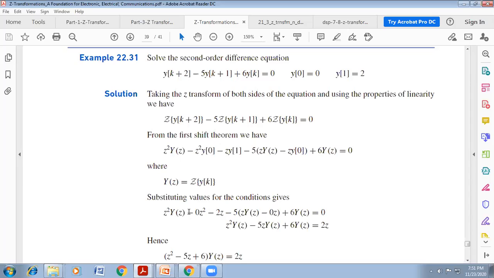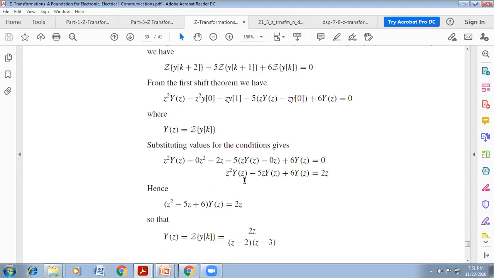Now this becomes 0, this becomes 0, and we get z squared Y(z) minus 5 this plus 6 this equals 2z. Hence this can be written, taking Y(z) common, (z squared minus 5z plus 6) Y(z) equals 2z.